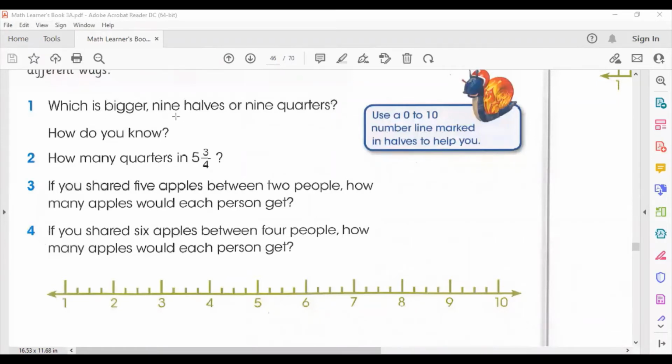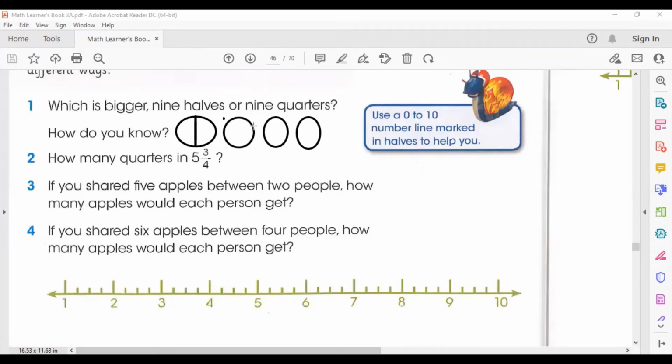When you are making 9 halves, we know this complete circle equals 1 whole. When we are making halves, it's 1 by 2, 1 by 2. Like this we have 9 halves: 1 by 2, 1 by 2, 1 by 2, 1 by 2, 4, 1 by 2, 1 by 2, 6, 1 by 2, 1 by 2, 8, and like this.